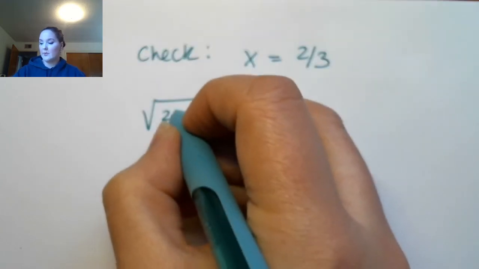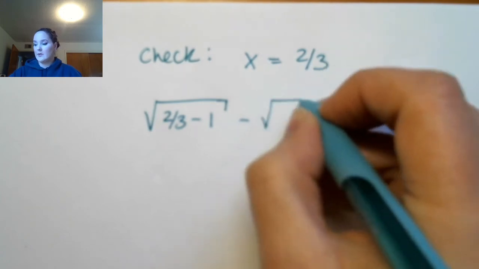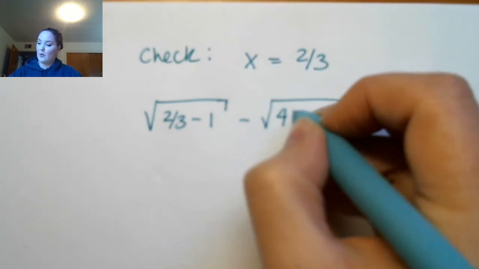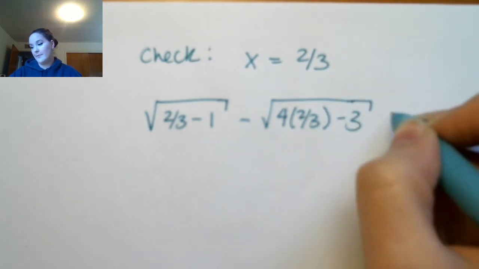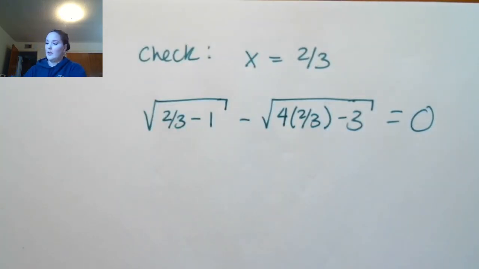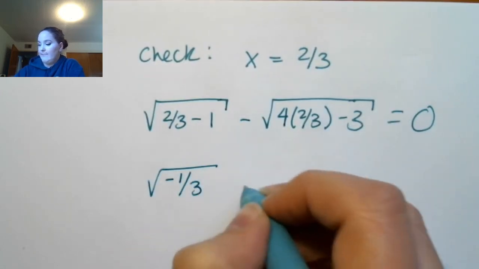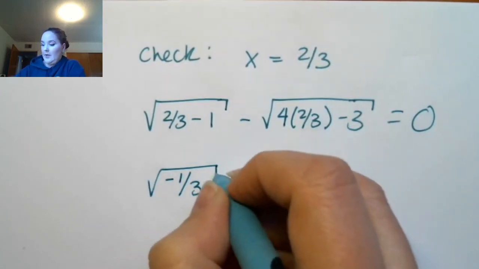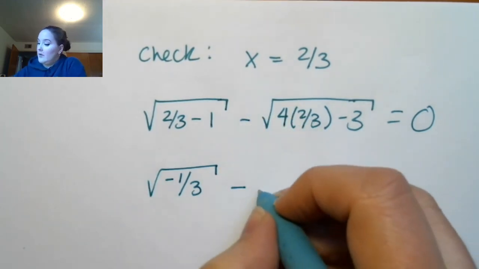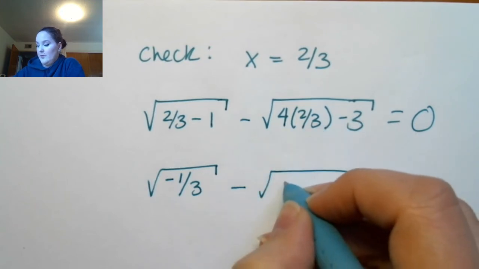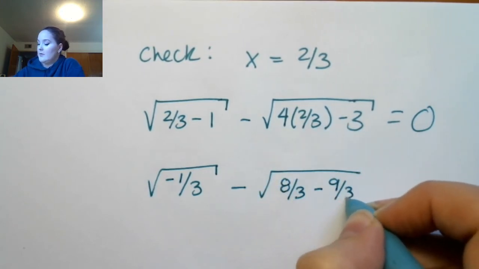So it's x minus 1, so 2/3 minus 1, minus the square root of 4 times x minus 3 equals 0. So 2/3 minus 1 is negative 1/3. And then 4 times 2 is 8, so we'll have 8/3 minus 9/3.